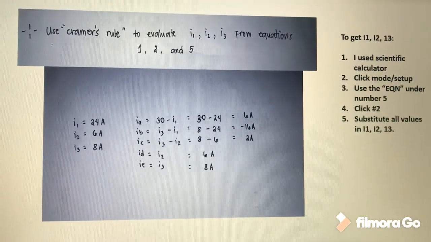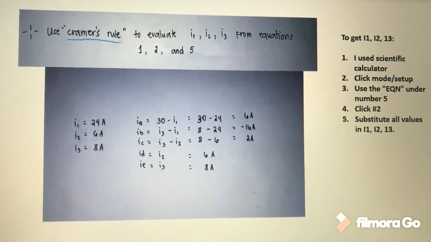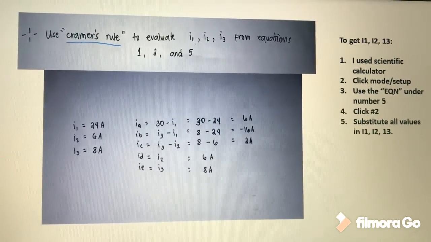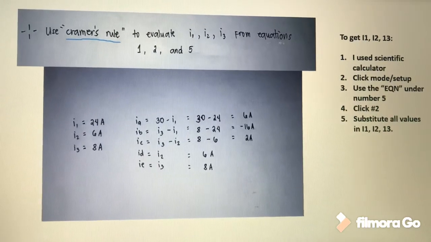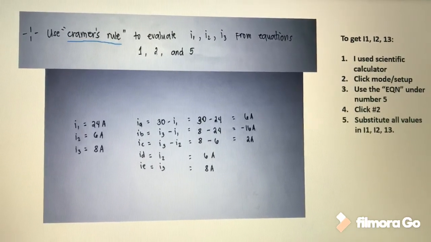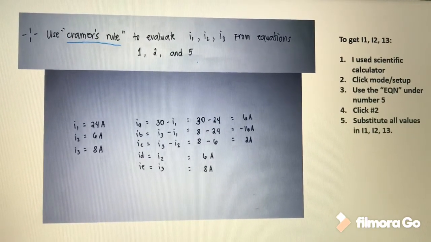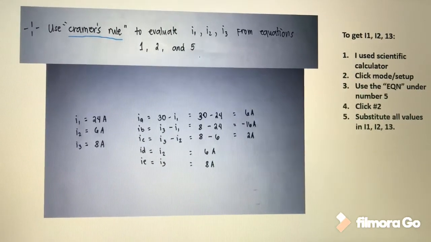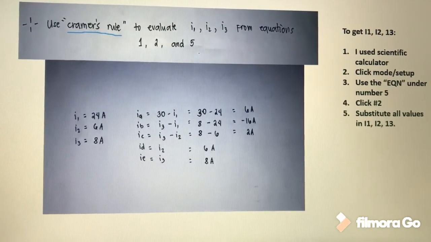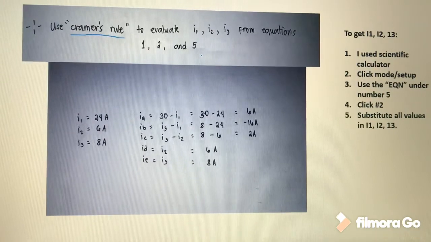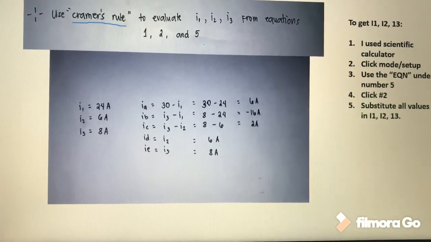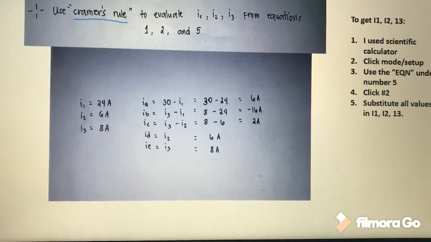Next step is use Cramer's rule to evaluate I1, I2, I3 from equations 1, 2, and 5. So let us go back to equations 1, 2, and 5 and check if there are values for I1, I2, and I3.